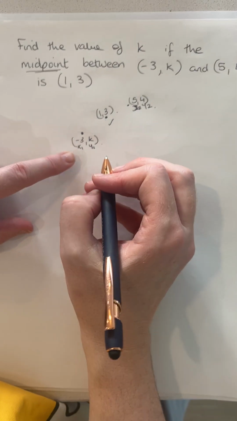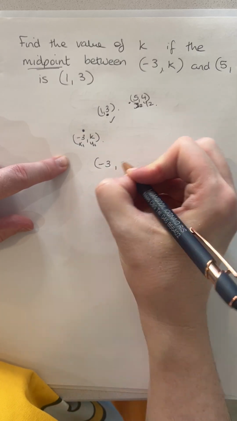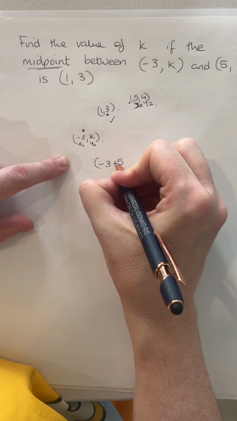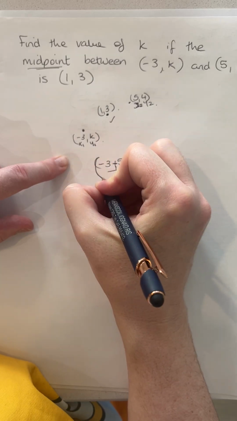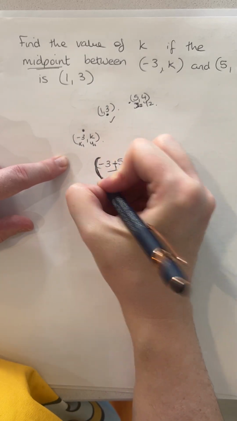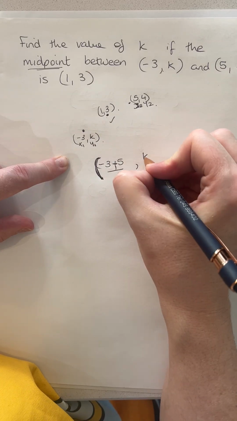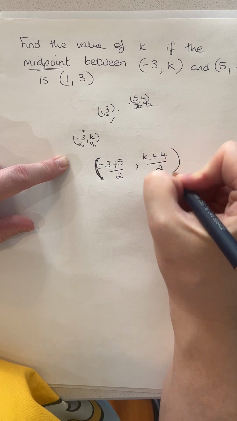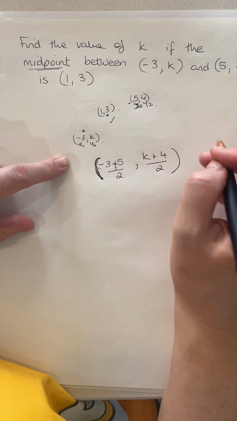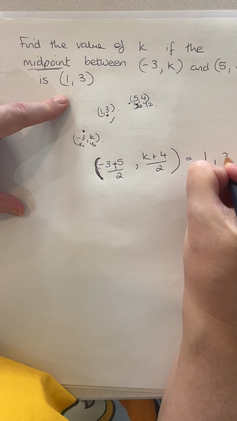So when I go to fill in my midpoint formula, x1 plus x2 over 2, I'll make that bracket a little bit bigger, comma, y1 plus y2 over 2, I know that the answer is going to be 1, 3.